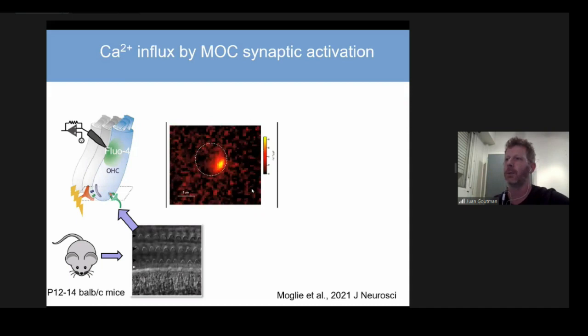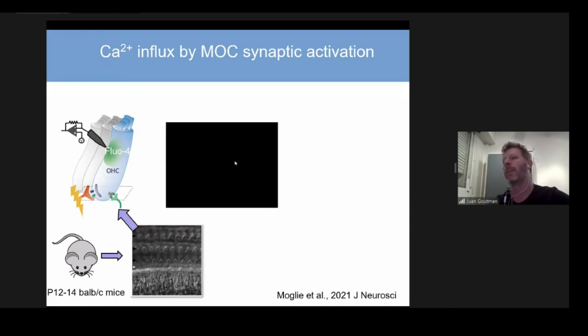The movie is slowed down, obviously, but you will see a very localized and small calcium fluorescence change at the base of the hair cell.